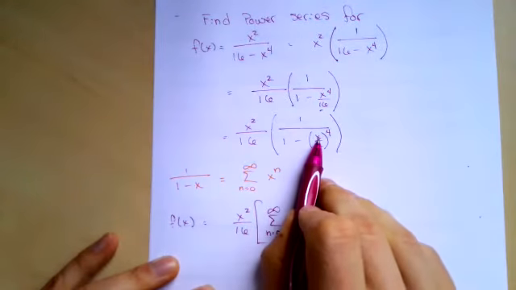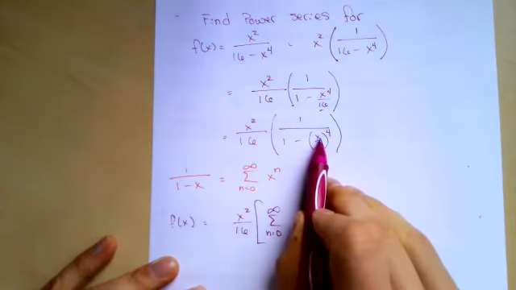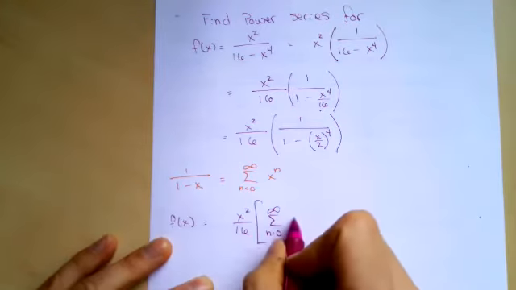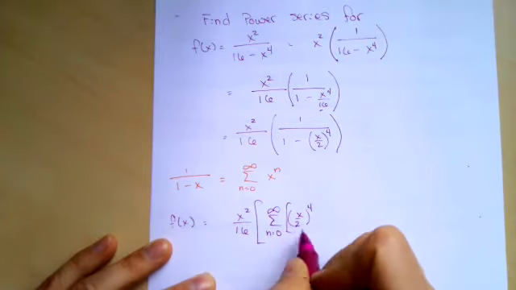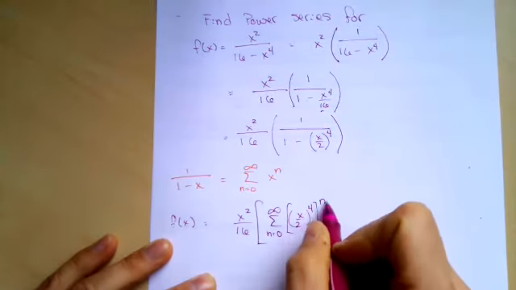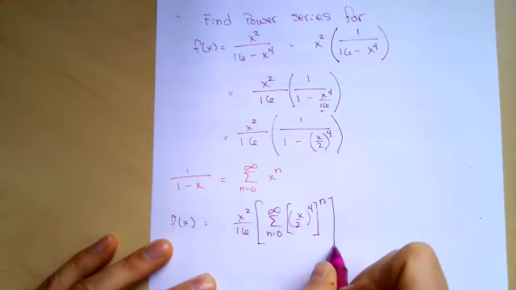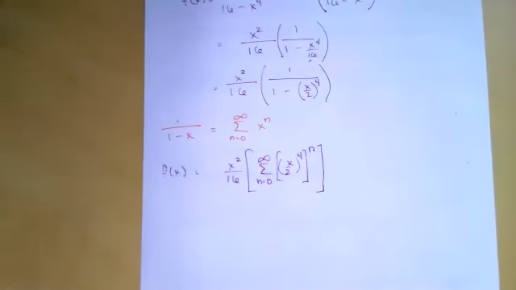And our something isn't just x, it's x over 2 to the 4th. So we should have x over 2 to the 4th, and then all of that to the n. And I'm just overusing my parentheses there for the moment, just to keep the algebra organized.